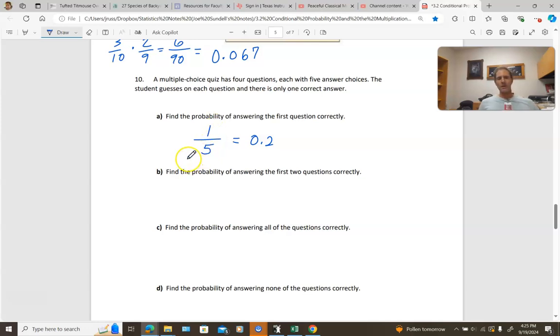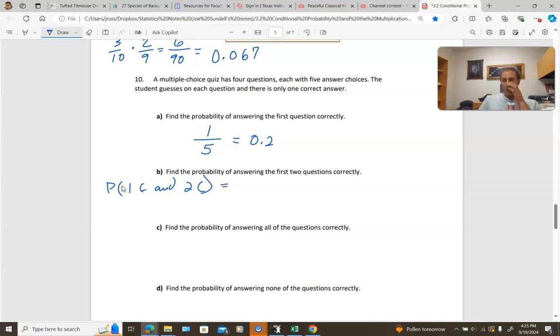Now, part B, find the probability of answering the first 2 questions correctly. Okay, all right, so let's think about this. This essentially would be the probability of answering number 1 correctly and number 2 correctly.